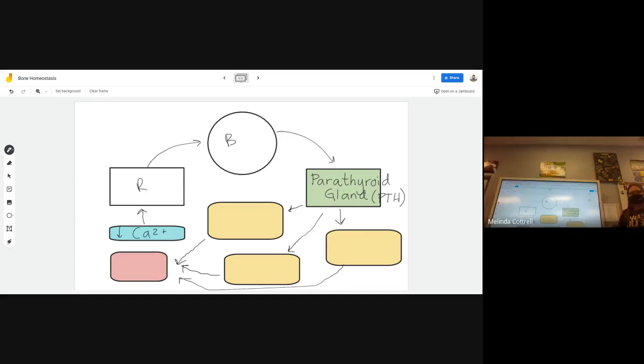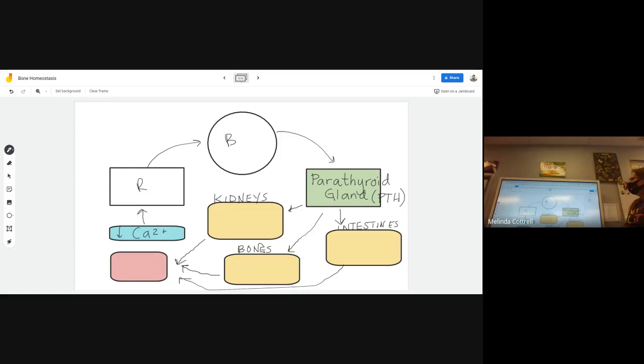Okay, so that's going to affect 3 places, and you can see the pictures there. It's going to affect the kidneys, the bones, and the intestines. And if you step back and think about, well, what do the kidneys, bones, and intestines have to do with calcium?